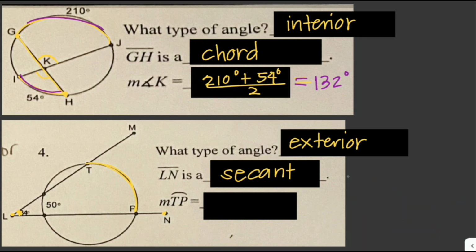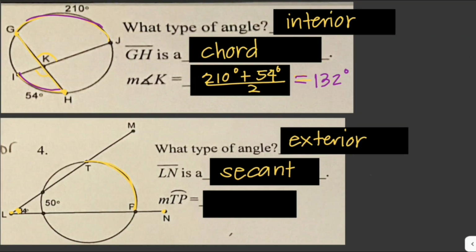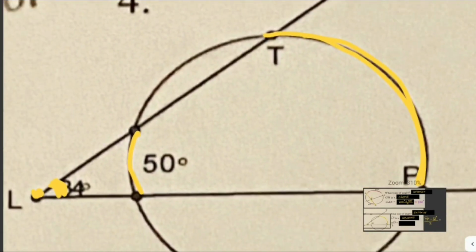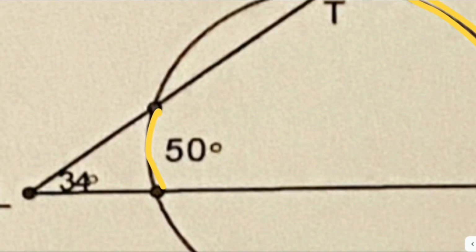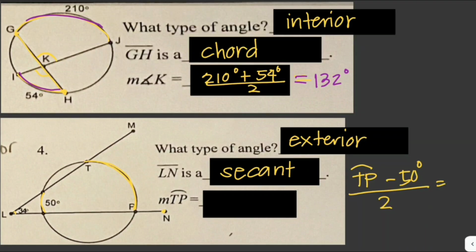So that would be arc TP minus this arc here, which is 50 degrees, divided by 2 equals the exterior angle, this one here, which is equal to 34 degrees.